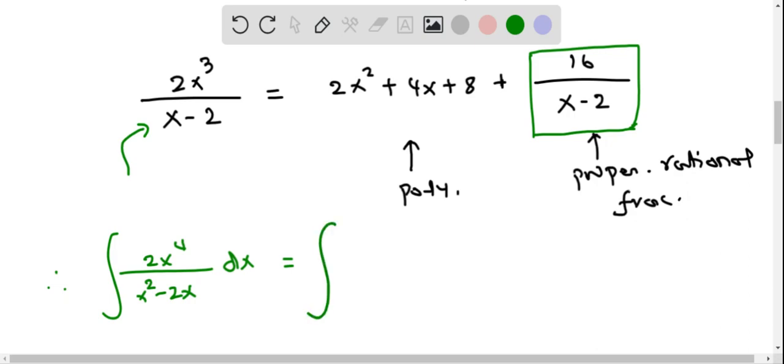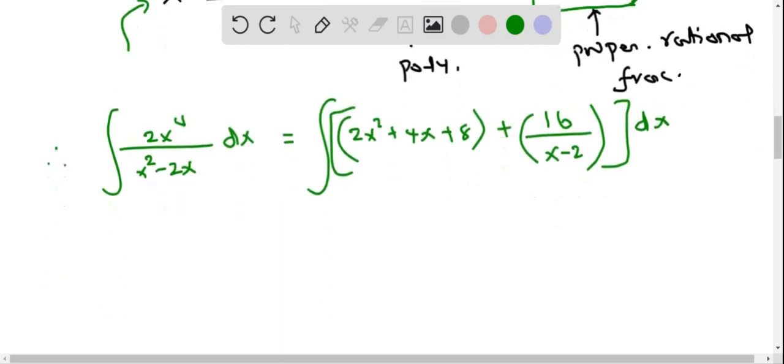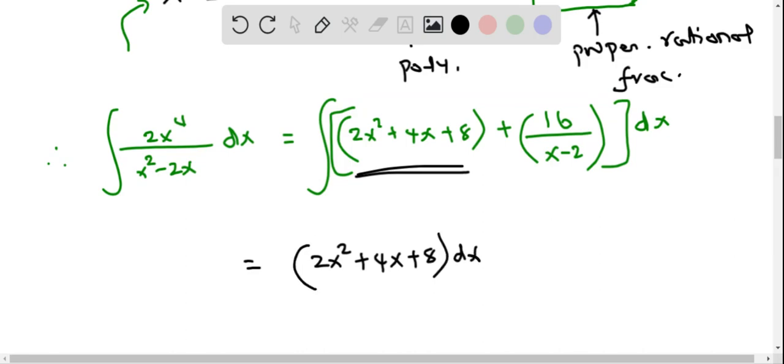So I put this as the integral of 2x^2 plus 4x plus 8 plus 16 divided by x minus 2. This is an expression we know how to integrate. We can now rewrite this as a sum of two integrals. One is the integral of 2x^2 plus 4x plus 8, plus the other integral, which is the integral of 16 over x minus 2 dx.